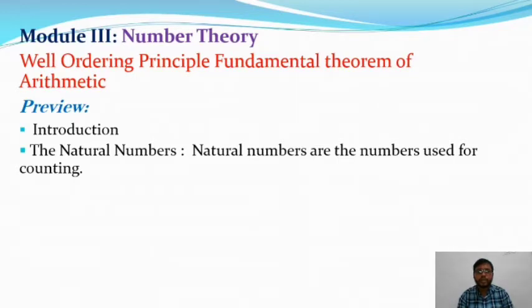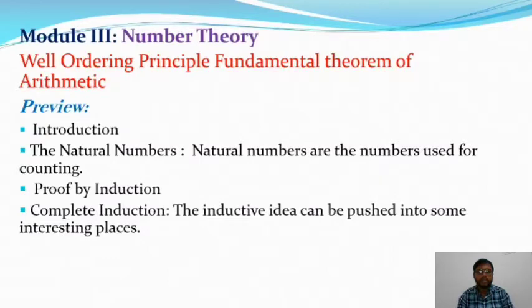Natural numbers are the numbers used for counting. After that we talked about mathematical induction and the proof of mathematical induction statements. Then we talked about complete induction, that means the inductive idea can be pushed into some interesting places.